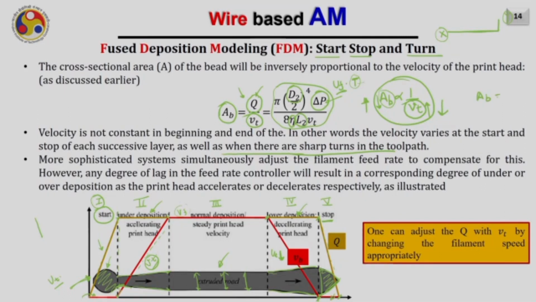So based on the velocity of the traverse head, if the traverse head velocity is going to be less, they reduce the flow rate as well, so that the bead cross section deposited on the bed will remain constant. In other words, mathematically, AB equals Q by Vt. To keep this AB constant, if there is any change in Vt, they make the appropriate change in Q.